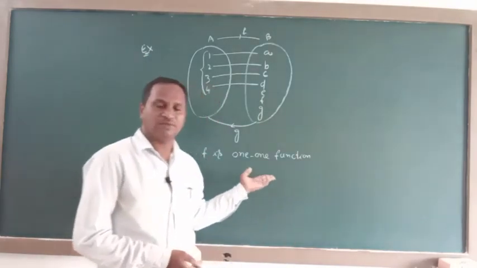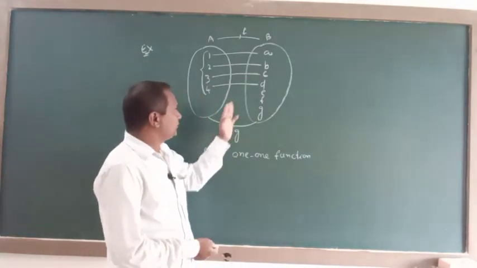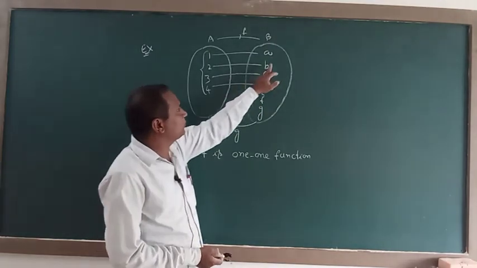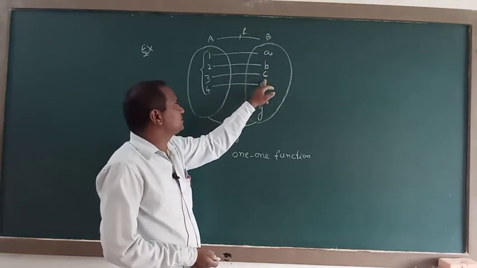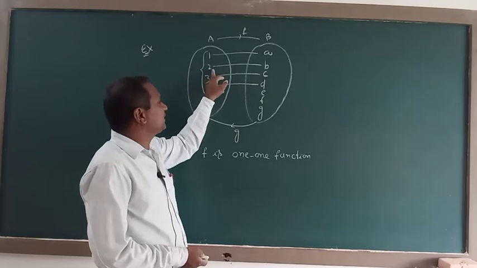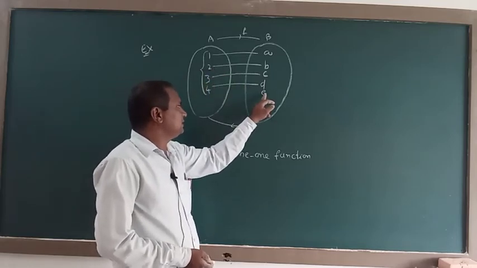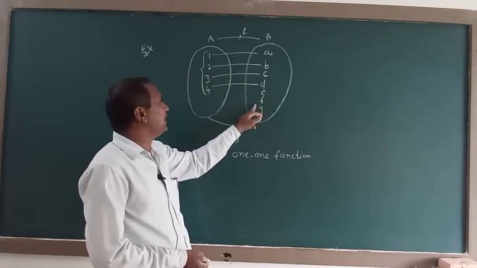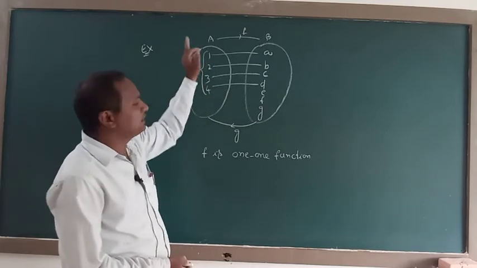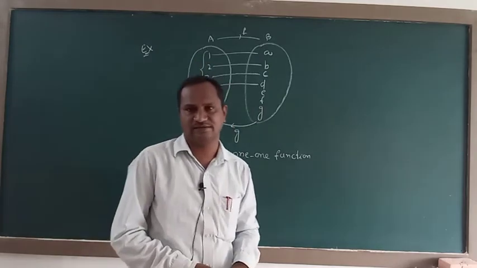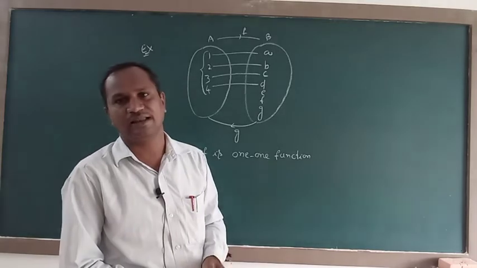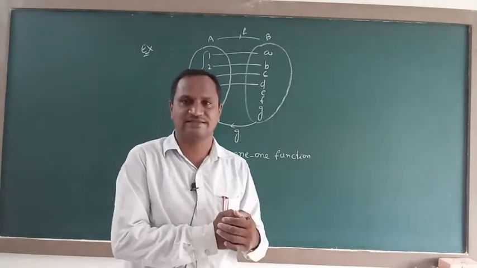When it does not become an onto function, it means if we move from B to A, only 4 elements A, B, C, D are associated with elements of set A. But the remaining elements E, F, G are not associated with any element of domain capital A. That's what we can easily tell: inverse function does not exist.